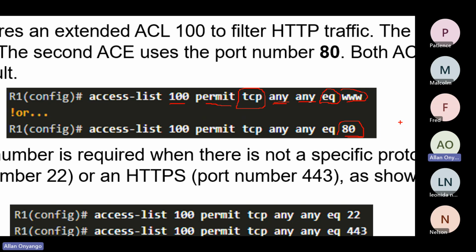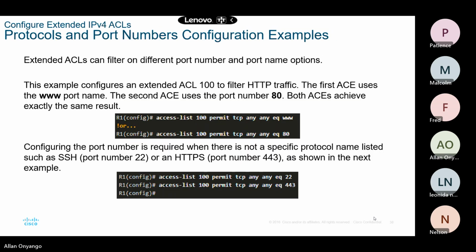Okay. So that is actually very important for this particular configuration. All right. So access-list 100. This is another one.